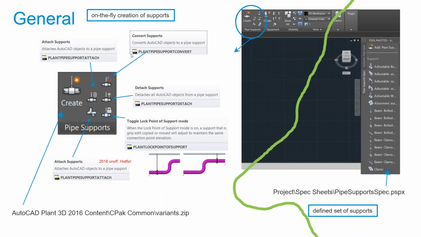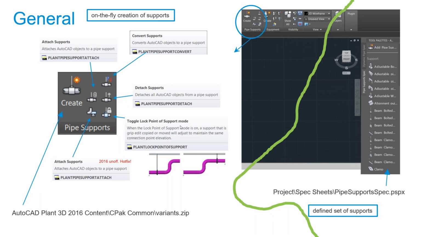Once you converted supports, you might want to attach additional objects, and then you use this Attach Support button. Detach Supports is the opposite, where you can move objects out of your supports, assuming that you created it with the Convert Supports button.